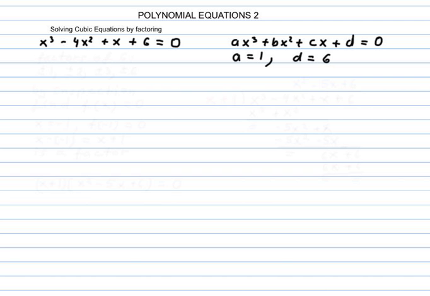So simply by inspection, we know that the divisors or factors of 6 are plus or minus 1, plus or minus 2, same for 3 and plus or minus 6.